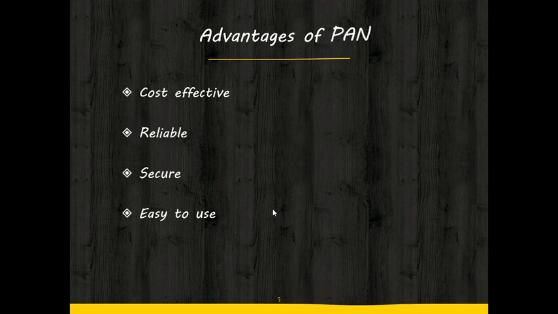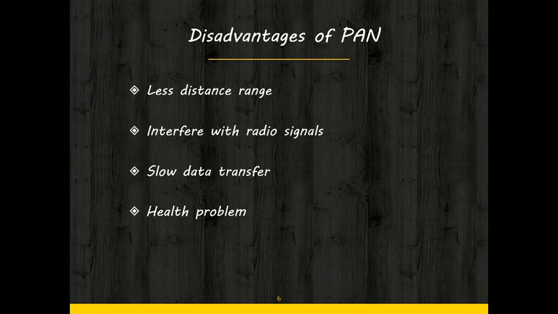Okay, next is some disadvantages of PAN. So a signal range is maximum 10 meters, so it makes the limitation for long distance sharing. Okay, and as a personal area network also uses infrared, it can interfere with radio signals and data can be dropped.